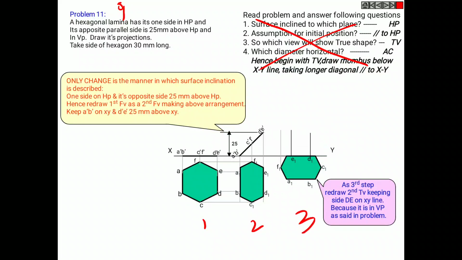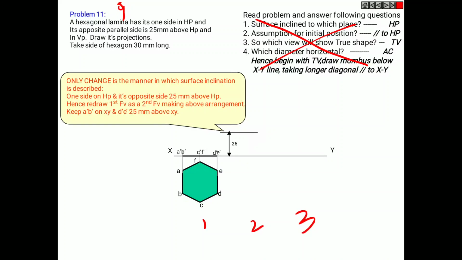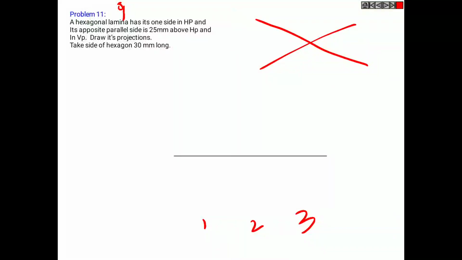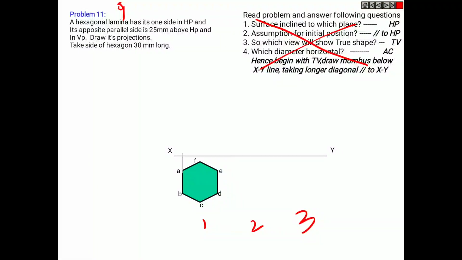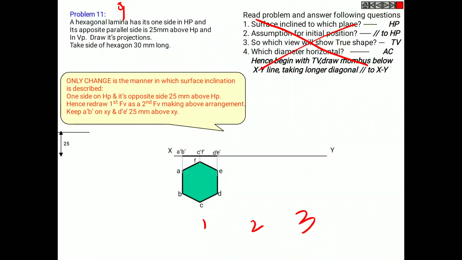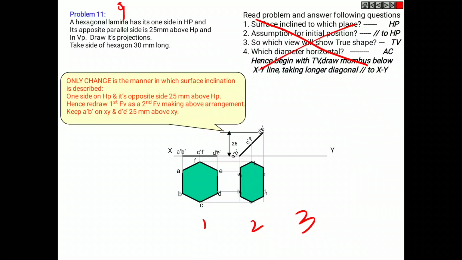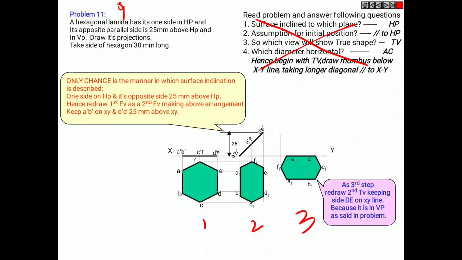So I'll show you again. He said that its opposite parallel side is 25 mm above HP and in VP.